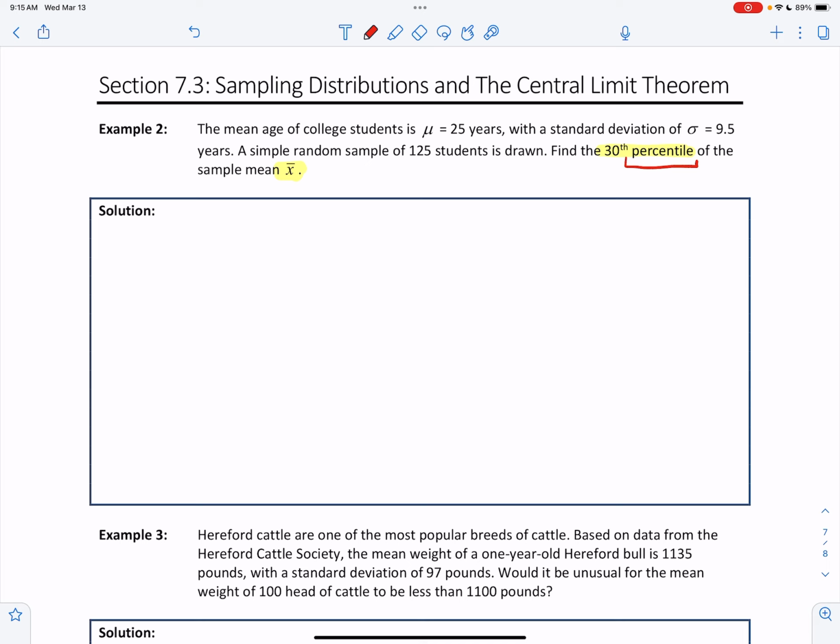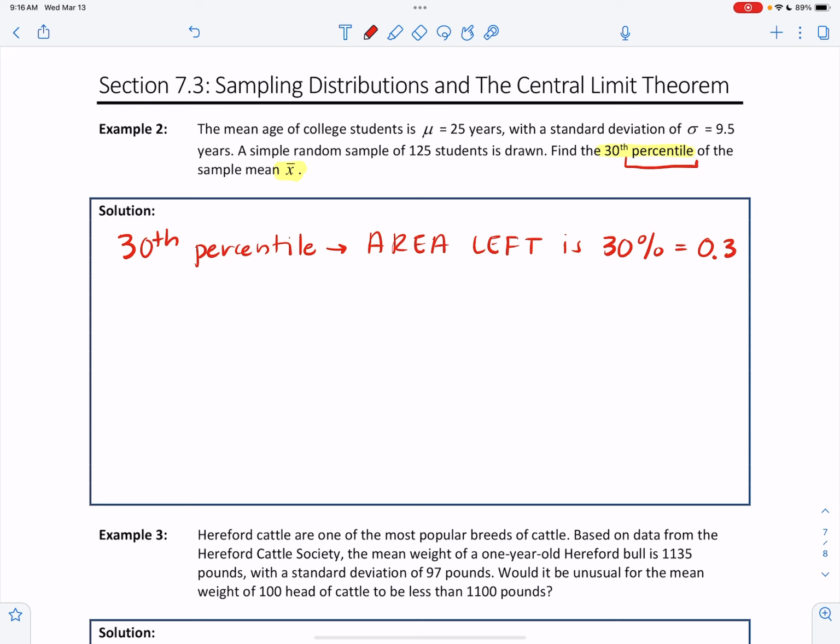So anytime I'm asked for a percentile, like in this case, the 30th percentile, and this goes for an individual value or a sample mean, all that means is that the area to its left is 30%, or in decimal form, that would be 0.3. And any percentile works that way. So if you want the 84th percentile, the area to its left is 84%.